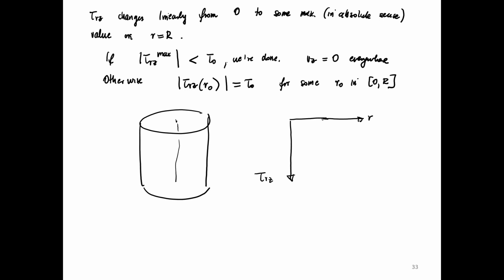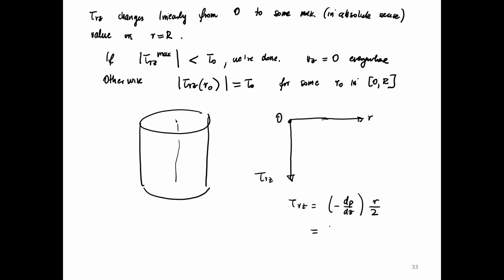Tau RZ is going from 0 in the middle of the tube, because tau RZ is minus dp dz, which is some constant times r over 2. Do we agree? Okay.